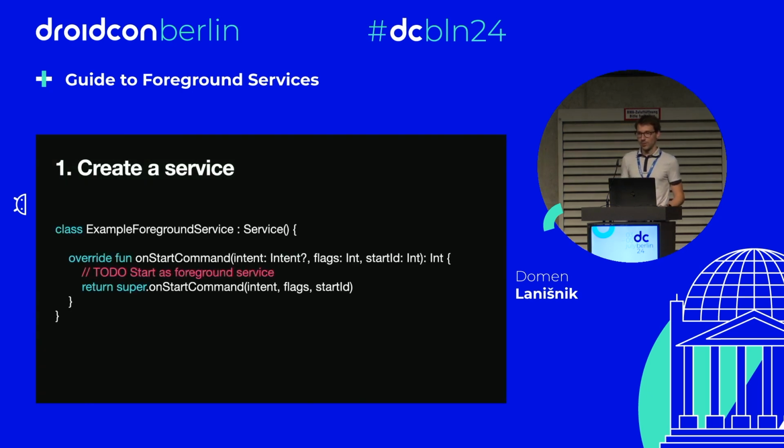So what we do is we create a regular service by extending the Service class. And then we override the onStartCommand function. In here, we then have to elevate our service to a foreground one, and we'll check this out later. But for now, we just have a regular background service.